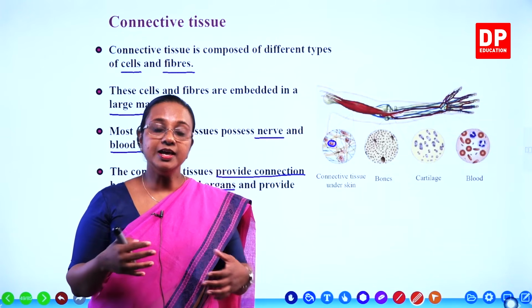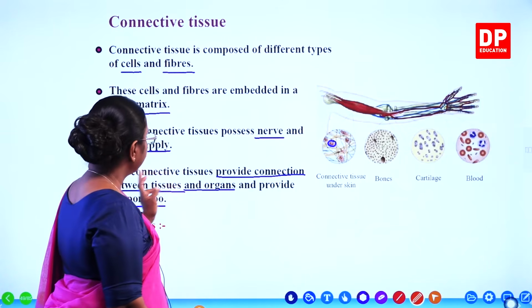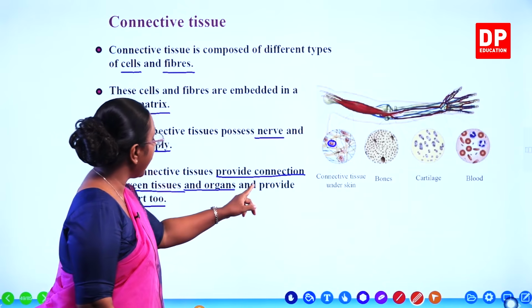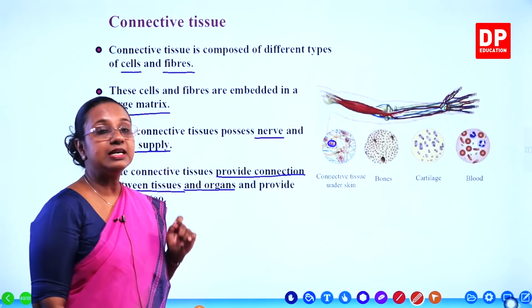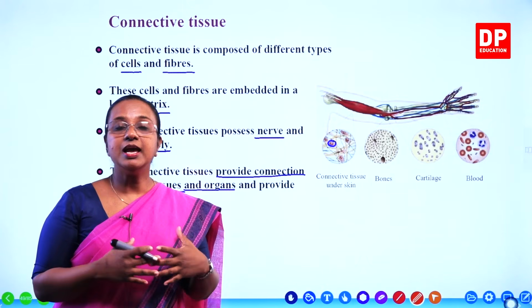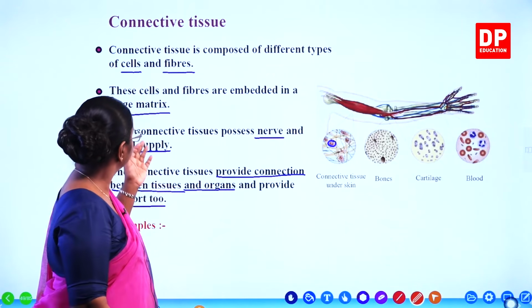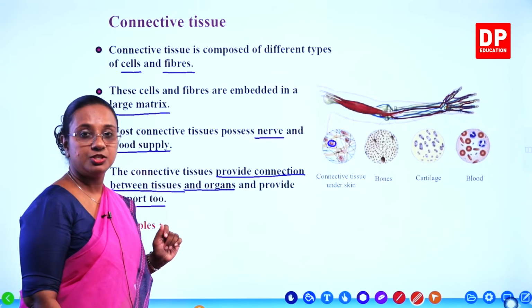So either way, they do a connecting function. So they provide connection between tissues and organs and provide support. The bones and the cartilages give a shape to our body and provide support. So those are the main features of connective tissue.